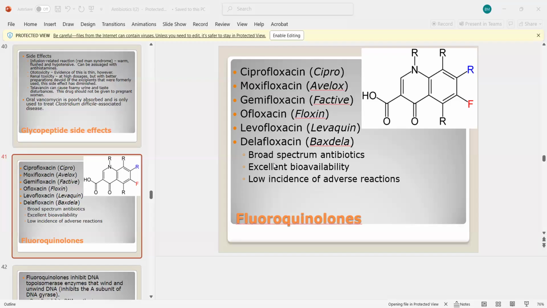I don't think I spelled that right. Eravacycline, I don't, there might be an A there. Need to look that up. It's either eravacycline or something like that. That is also very broad spectrum.